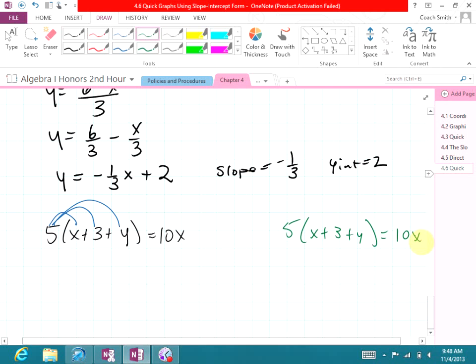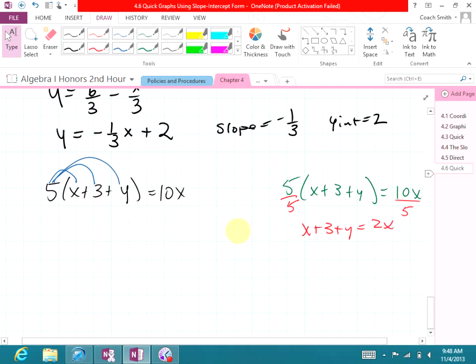How do you get rid of a number in front of the multiplication? Caleb? Right. So we could just divide this by 5 and that by 5. That gives us x plus 3 plus y equals 2x. I'll show you the other way in a second.